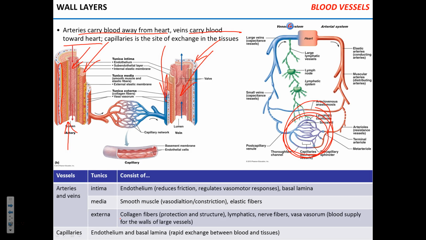Every cell in the human body is located no farther than 50 micrometers away from a blood vessel. Because otherwise, nutrients and respiratory gases wouldn't be able to reach that cell.